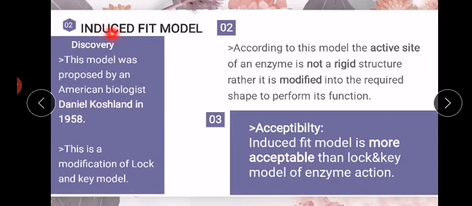Like induced fit, forcefully fitted. You might understand from the term that something is forced to fit into something else. So we can interpret from this term that there is something going to be fit forcefully.